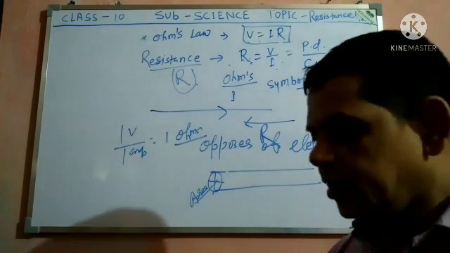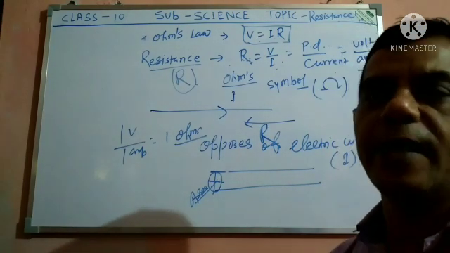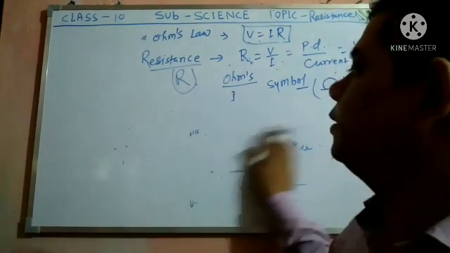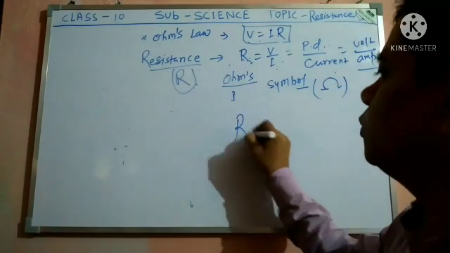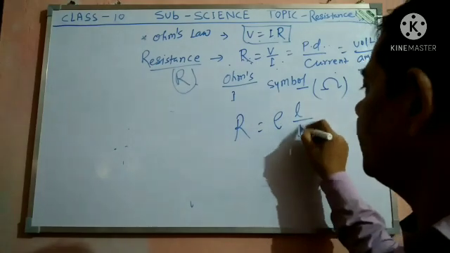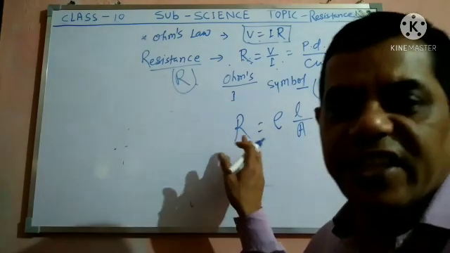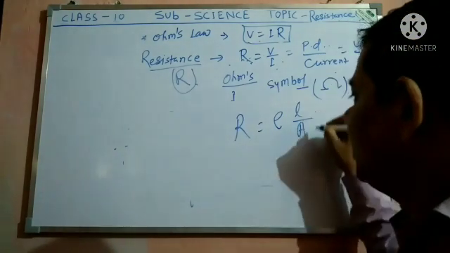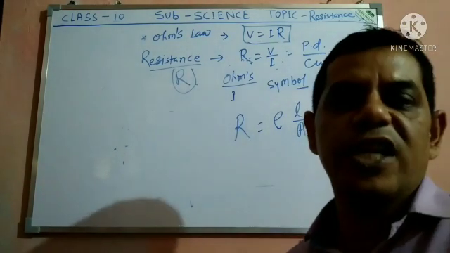Next topic, I discuss the resistance of a material: R = ρL/A, where R is resistance, ρ is resistivity, L is length, and A is cross sectional area.